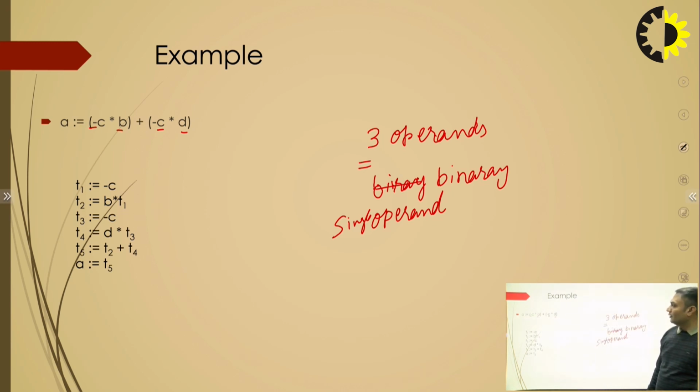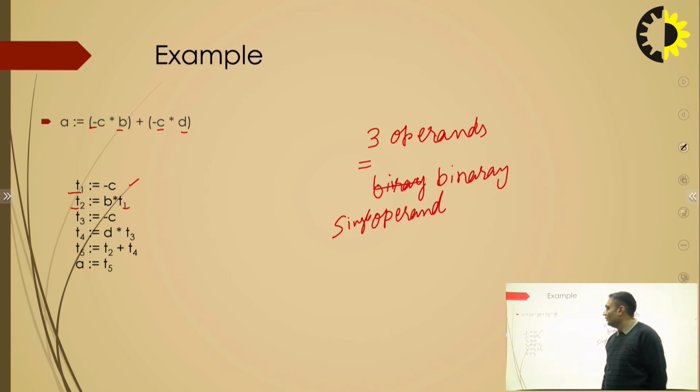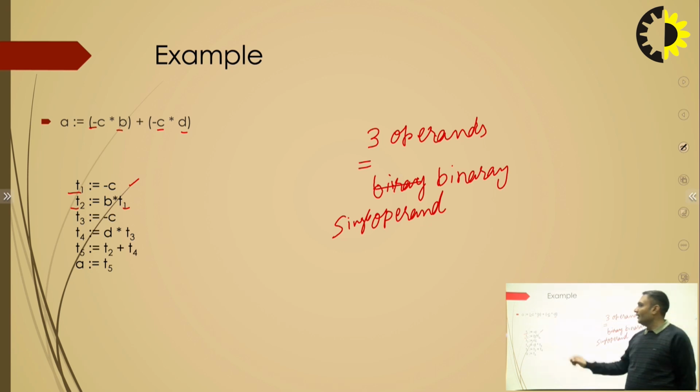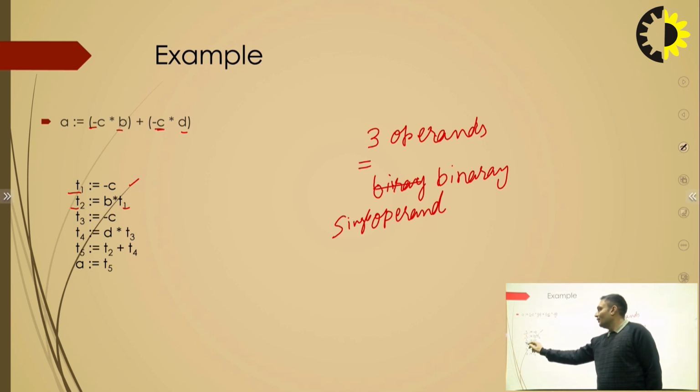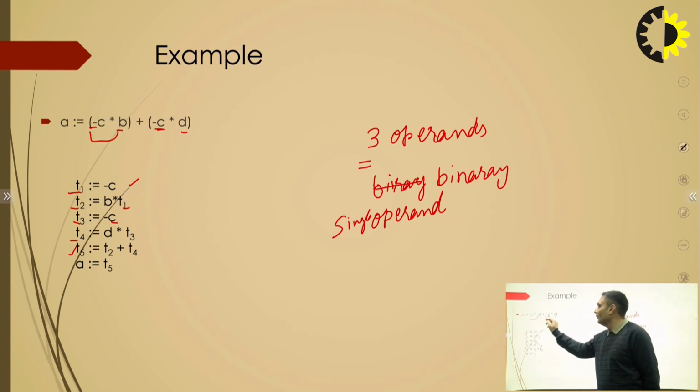So firstly, I assign minus c to the temporary variable t1 like this. Then I take another variable t2 and multiply b with t1. Then again I take temporary variable t3 equals minus c, and again t4, another temporary variable, and then multiply d with t3. Now I take another temporary variable t5 and make a combination of this value and this value.